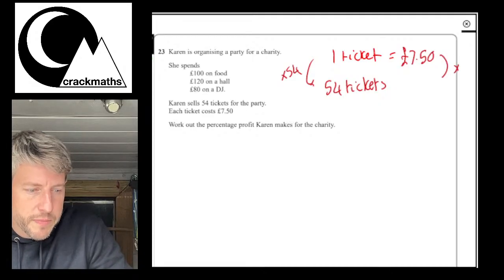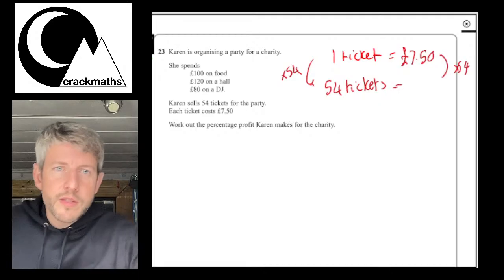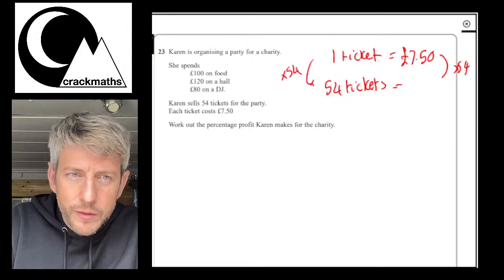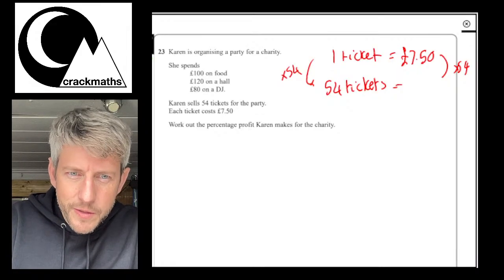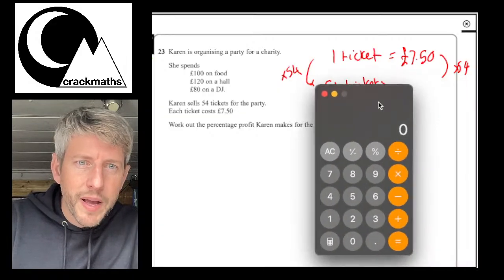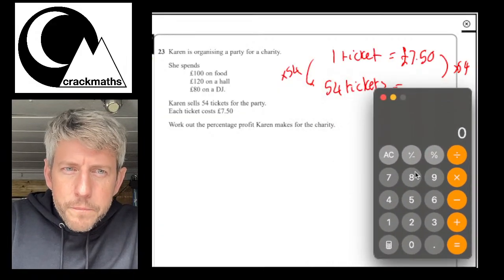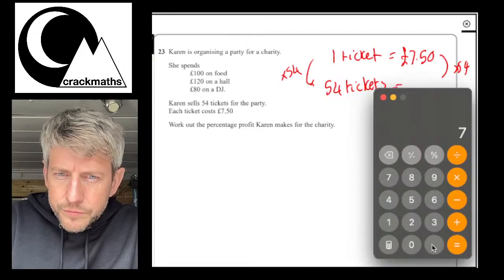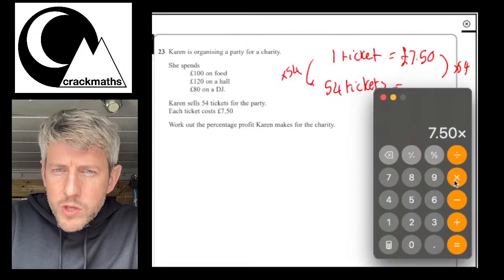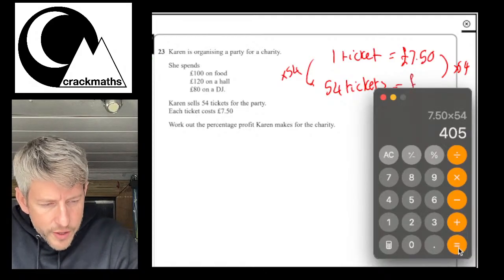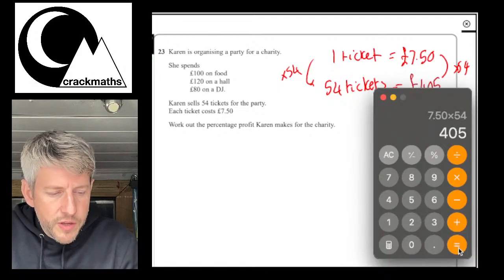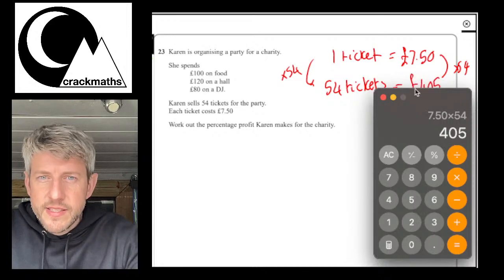Let's get the calculator out, because I don't want to do 750 times 54 in my head. So £7.50 multiplied by 54 equals £405. So that's how much money she makes in ticket sales.